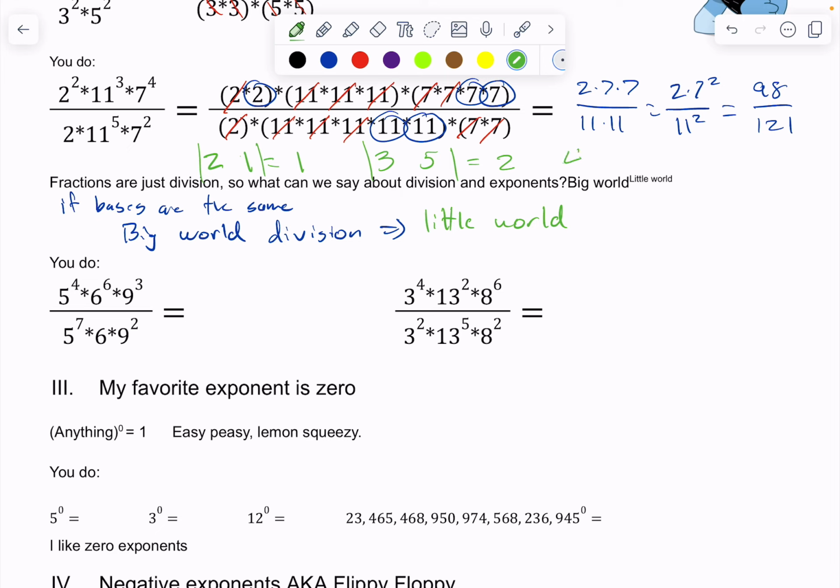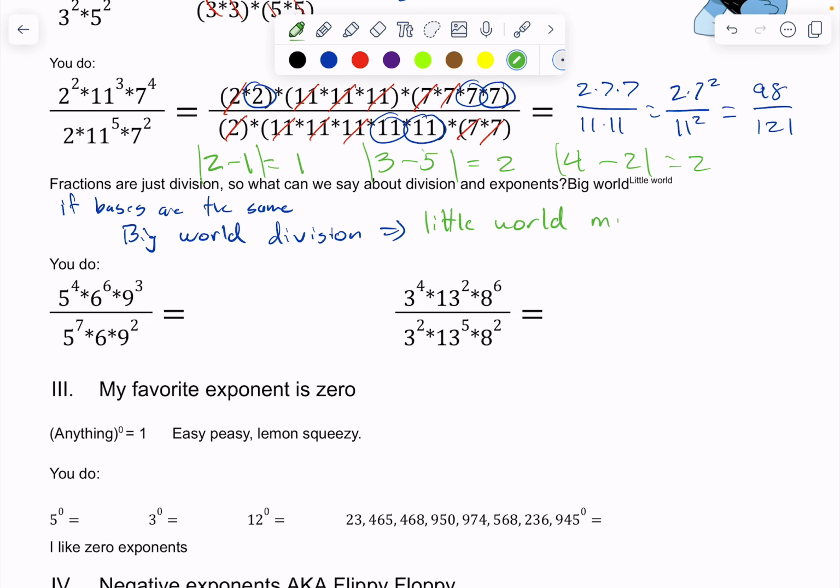And 4, 2 equals 2. We ended up minusing everything. Since we kept this still on the bottom, it still stays positive. So it's small world minus, or subtract. I like the word subtract more.